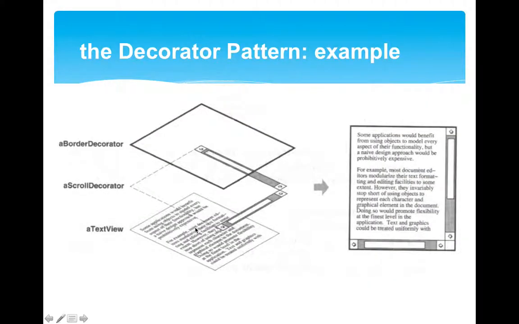A qualitative example of the decorator pattern is a text editor on the computer screen. What you actually see is the pure text with some border decorations and a scroll bar. The design pattern illustration is that you have a basic component, the text view, and then you add decorators as you need.